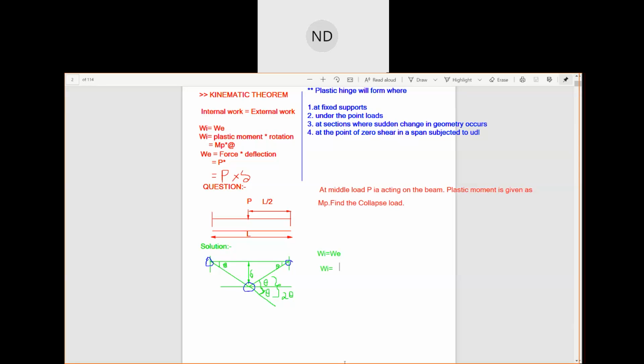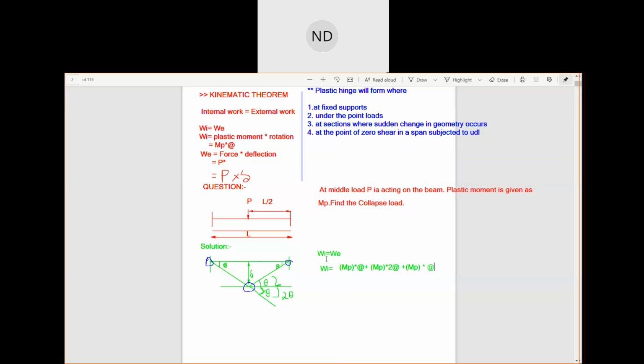That will be Mp into theta, plus Mp into theta for this one. Then here we have another plastic hinge, Mp, and at the center we have two thetas, so that is Mp into 2 theta. Plus again a plastic hinge here, Mp into theta.